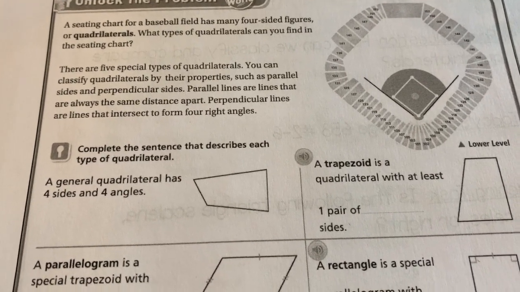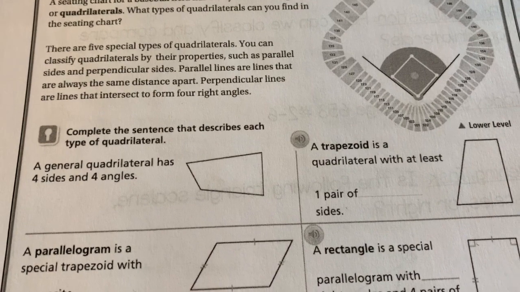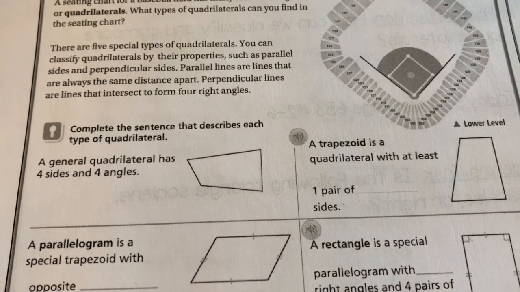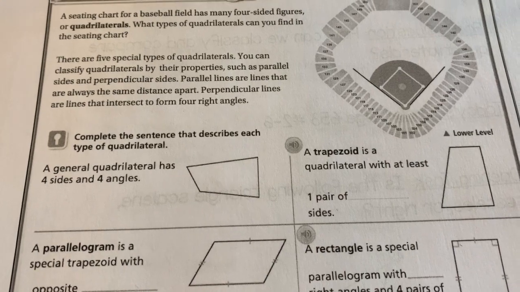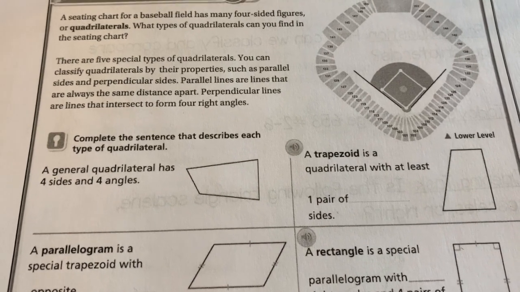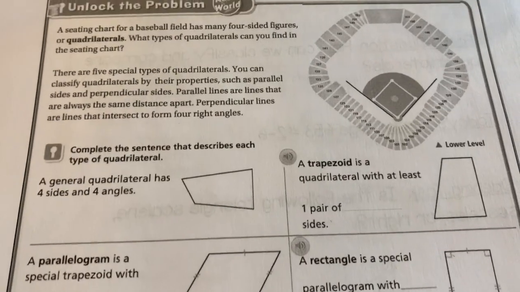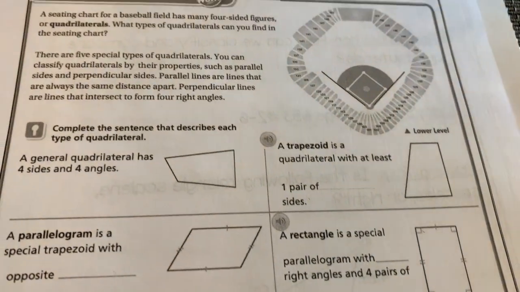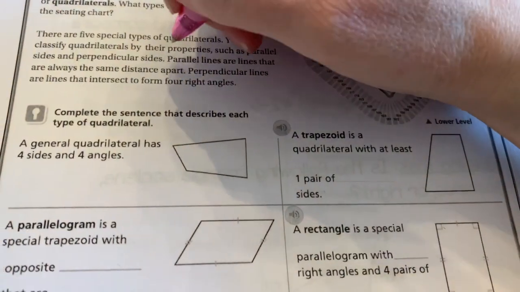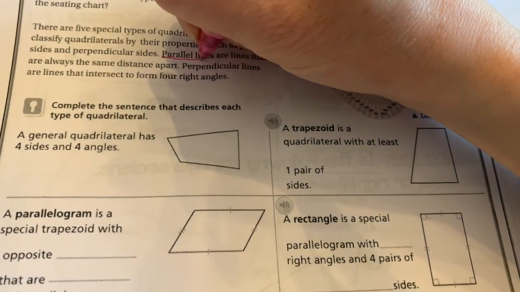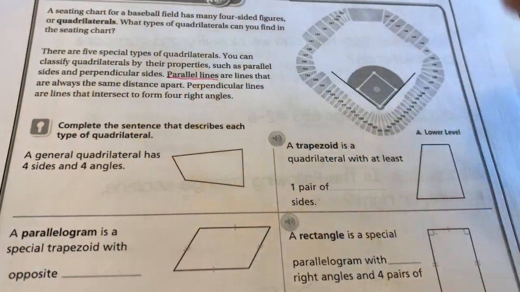When we're classifying quadrilaterals, we're going to be classifying them by their properties. Some of the things that we're going to look at are parallel sides and perpendicular sides. In order to be able to do that, we have to quickly talk about what that means. Parallel lines are lines that are always the same distance apart.